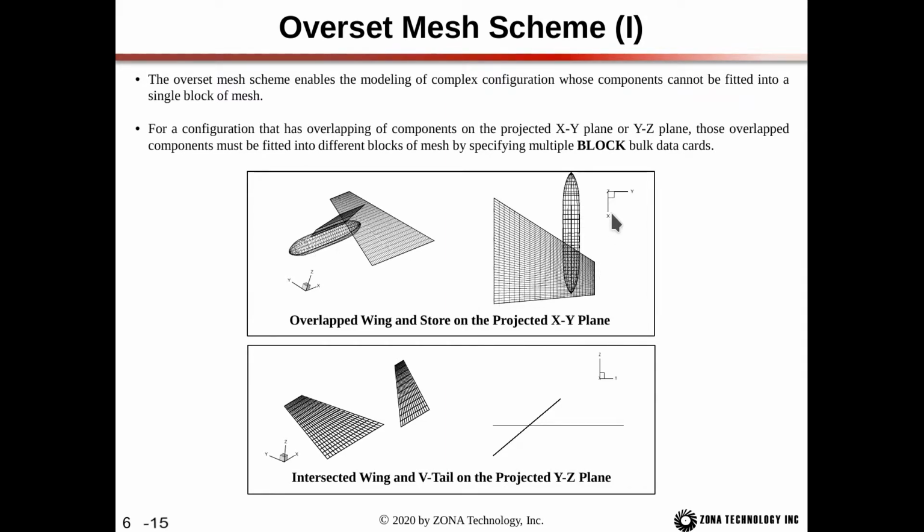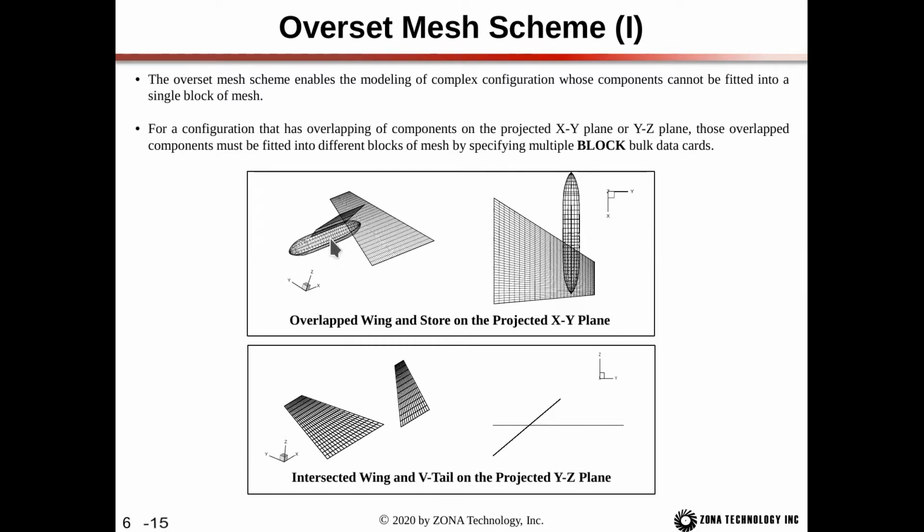So when we look at the projected XY plane, you can see that the store and the wing obviously are overlapping. So it's impossible to put both the store and the wing in the same block of mesh. So what we would do here is the wing would be in our main block of mesh, and then we would take the store and pylons and put those together in a second block of mesh.